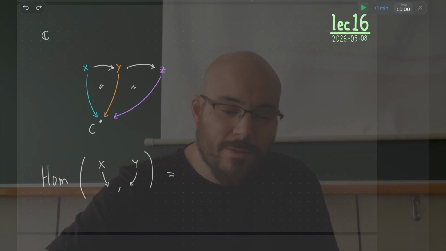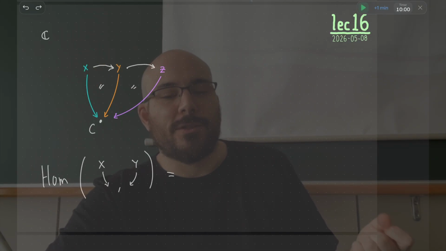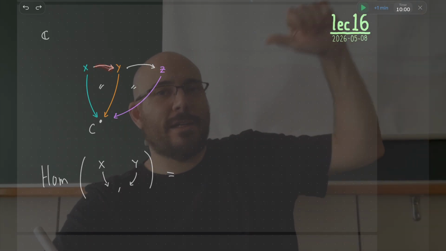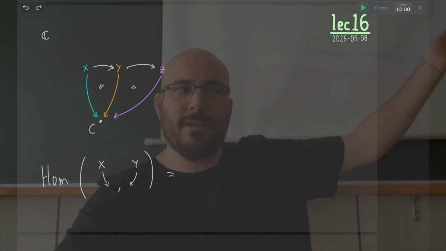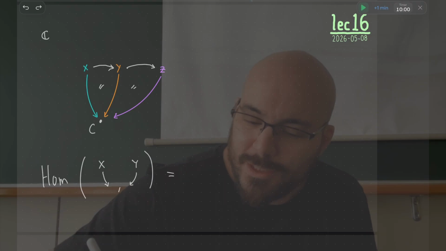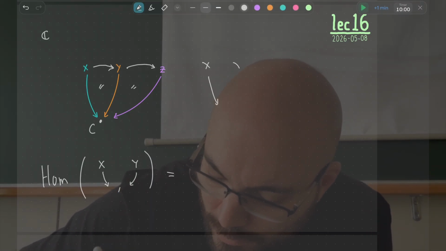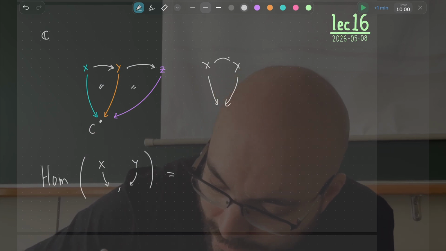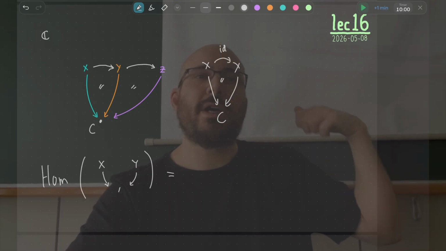Now I want to see one from the blue to the blue, so I'm looking for an arrow in the original category from X to X. And Sotiri says, yeah, we have that because C is a category. But it needs to make this triangle commute. So you say, aha, this is the arrow, and you claim that this commutes, and it does commute. Why does this commute?